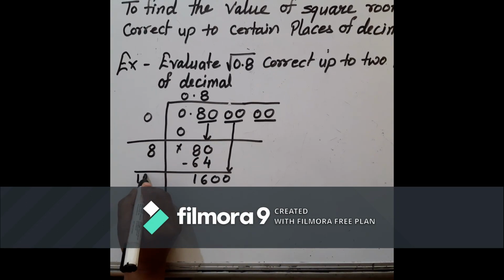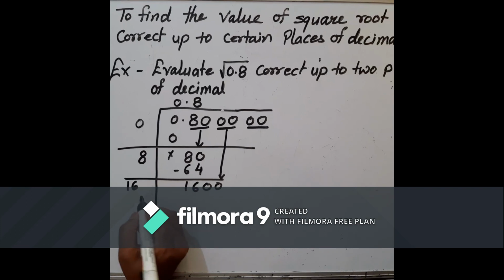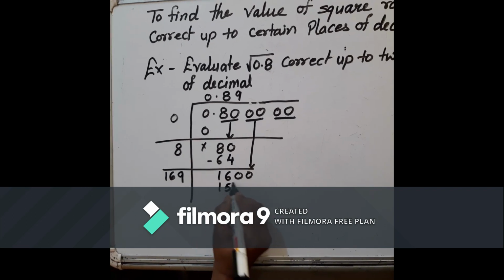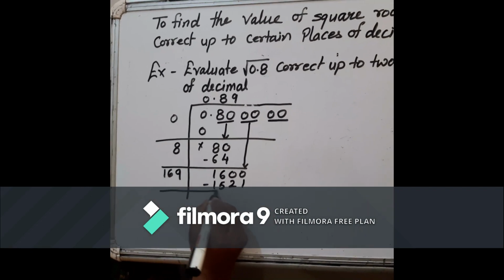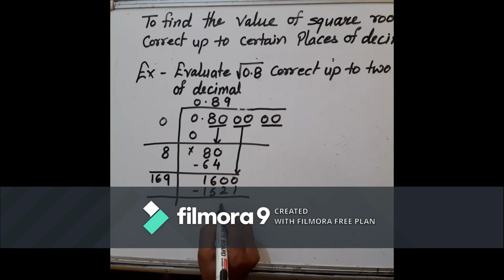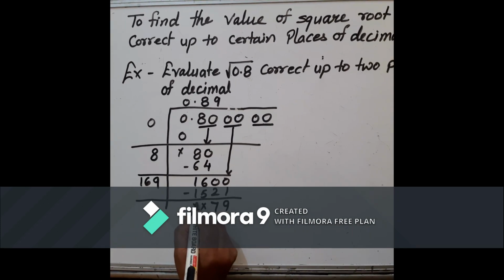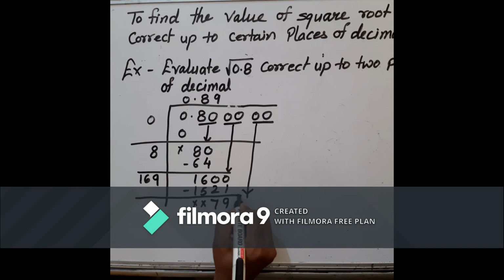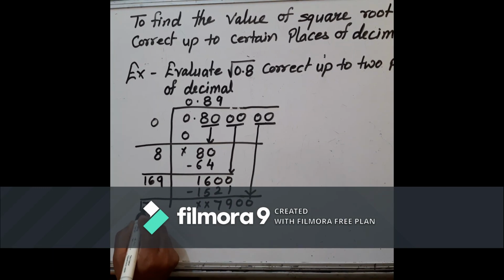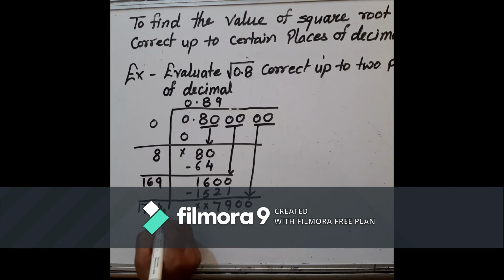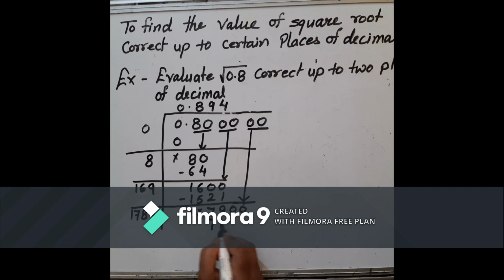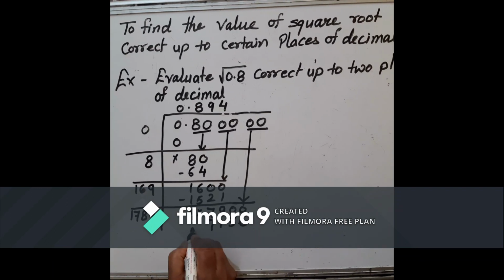8 plus 8 is 16, then 9 9s are 1521, then subtract. Here 0 0 comes, 169 plus 9, then 178 comes, then 4 times 7136, then subtract.